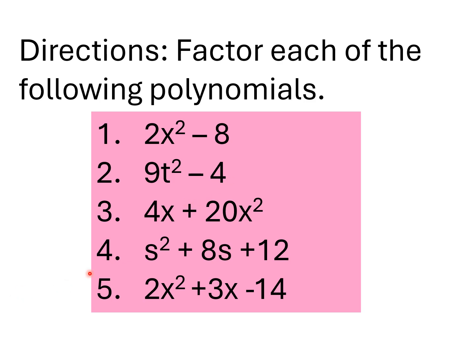In number 3, there is both a linear term and a quadratic term. In number 4 and 5, all terms are present: quadratic term, linear term, and constant term. Therefore, we can use different methods to find the factors of these polynomials.